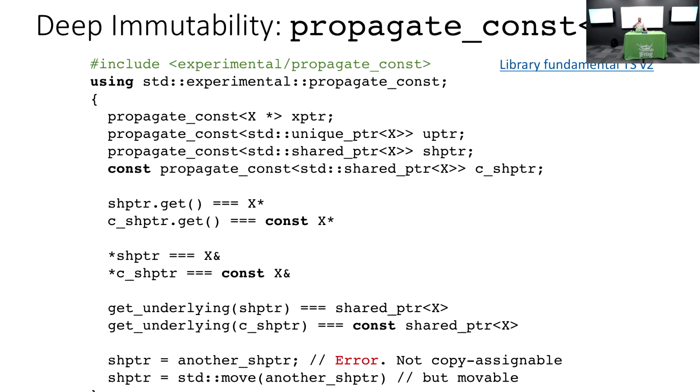However, you can always move, so it maintains the reference semantics of the pointer, so you can always steal the guts of the right hand side, copy the pointer over, and continue working that way. So in that sense, propagate const kind of works nicely with the rest of the language, I feel.